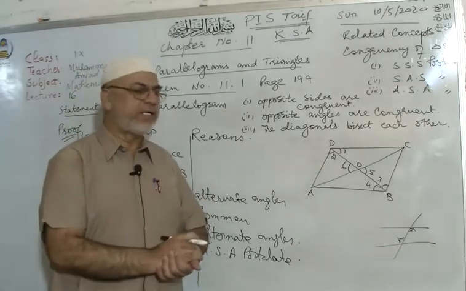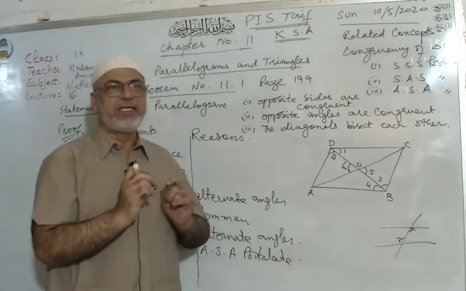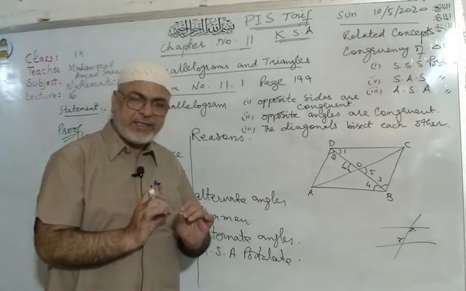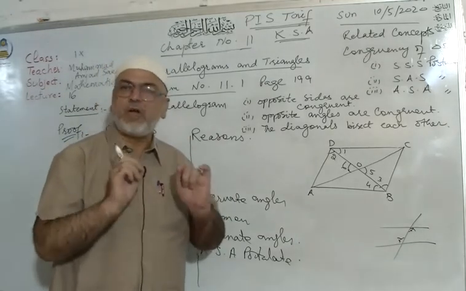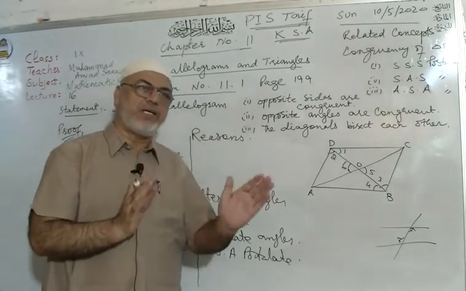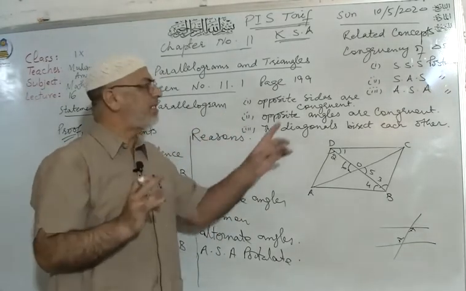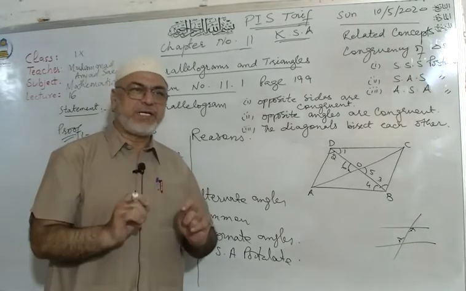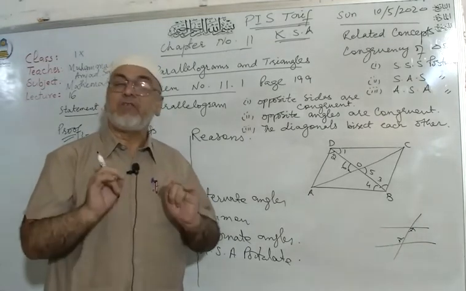When triangles are congruent, then their corresponding sides and corresponding angles are always congruent. This is the condition for congruency: whenever two triangles are congruent, their corresponding sides and corresponding angles will always be congruent.